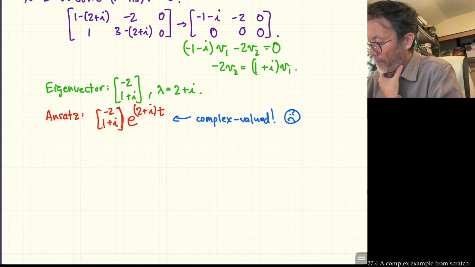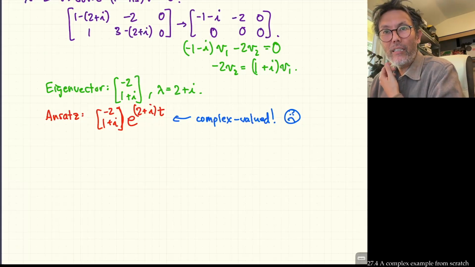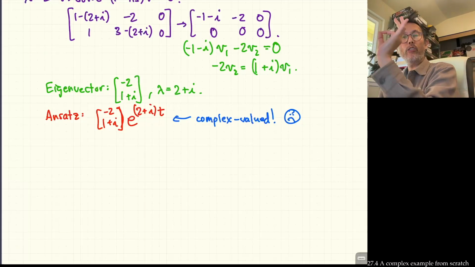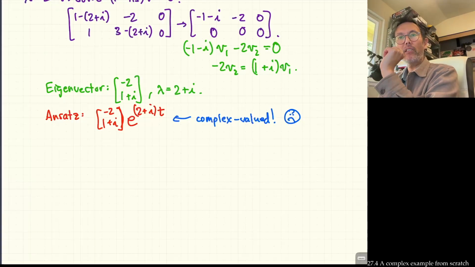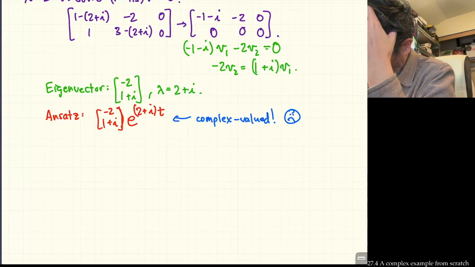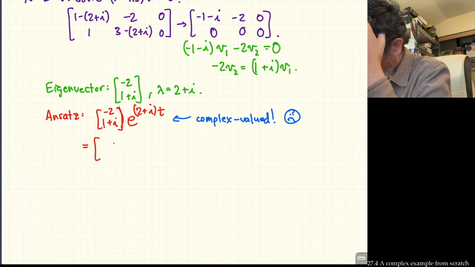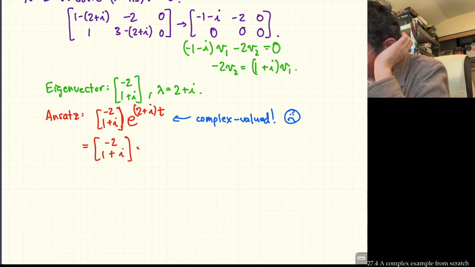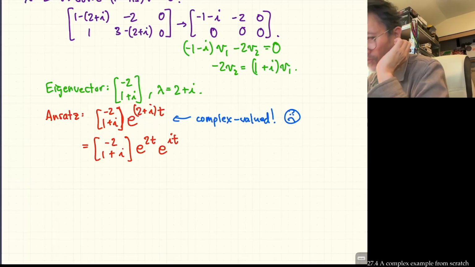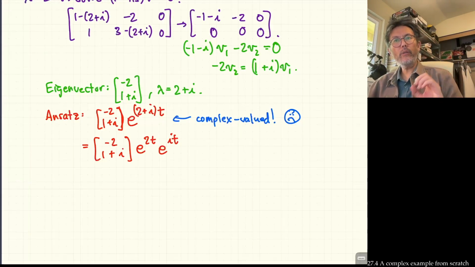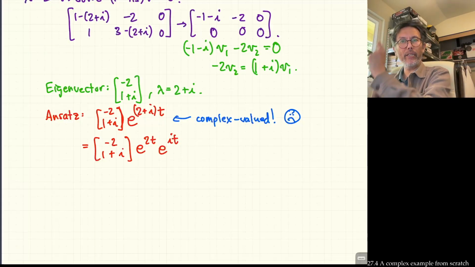First move, I'm going to rewrite e to the (2 plus i)t as e to the 2t times e to the it. Next thing I'm going to do is use Euler's formula to expand e to the it as cosine t plus i sine t.